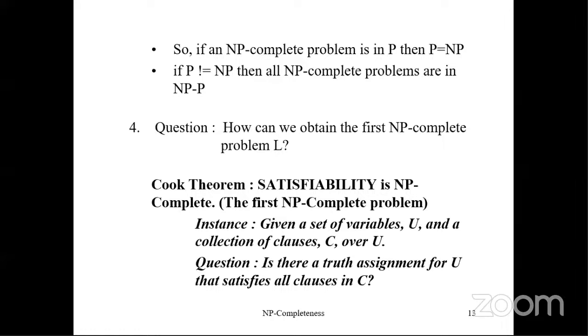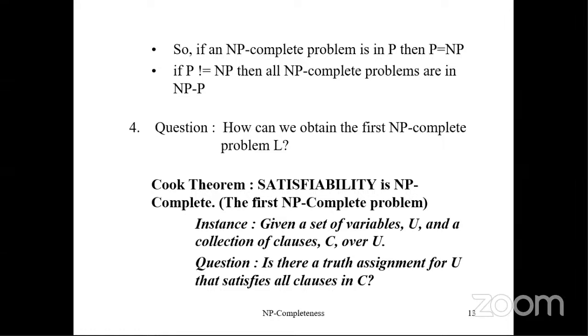If P is not equal to NP, the problems are in NP minus P because it's not equal to NP. It means that they are just in other classes except the NP minus P. That is the distinction between NP and P.